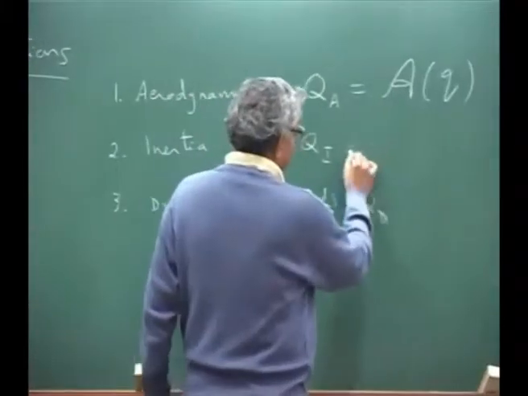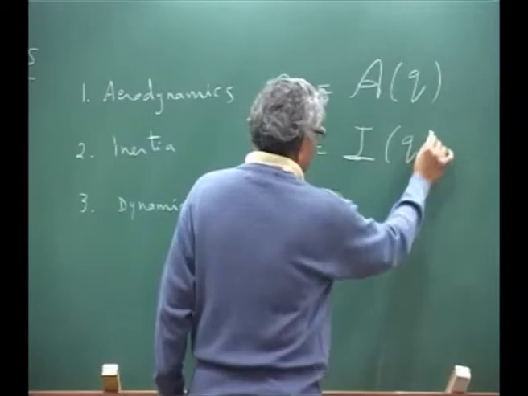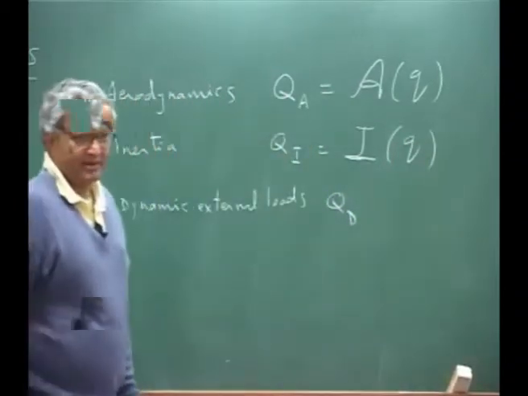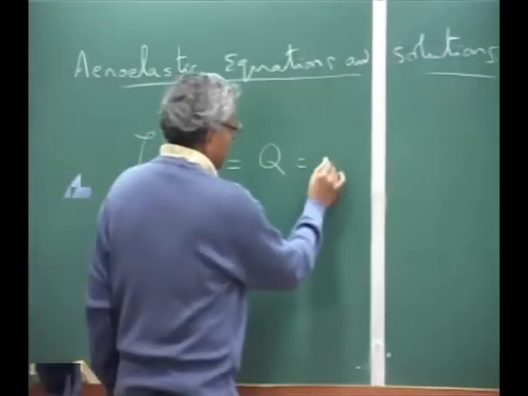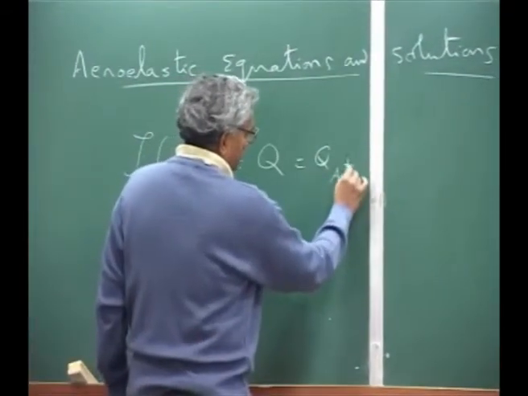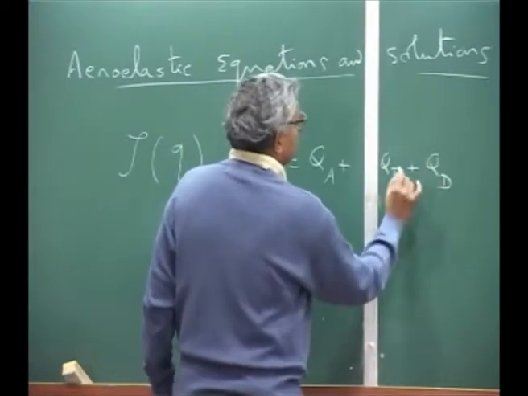Similarly, inertia I will use QI, which is also a function of Q. Now I substitute back here for Q, which is essentially QA plus QI plus QD.